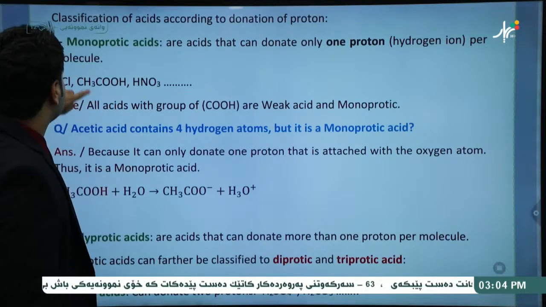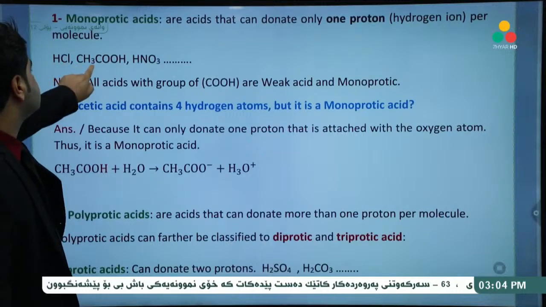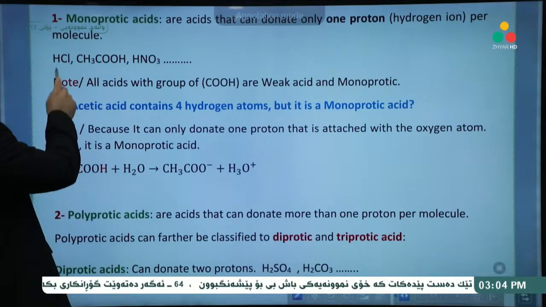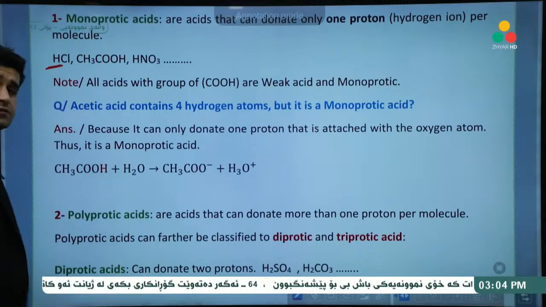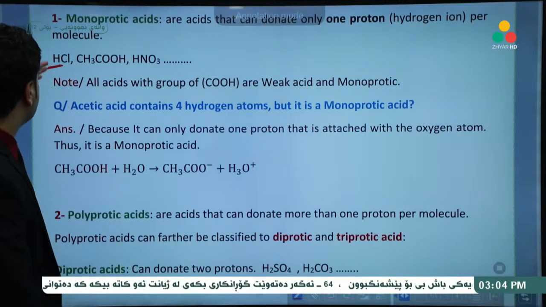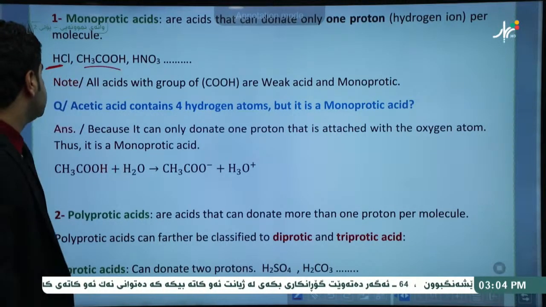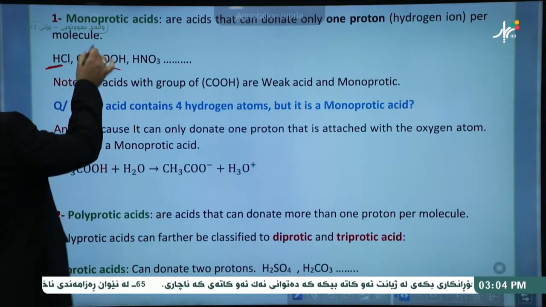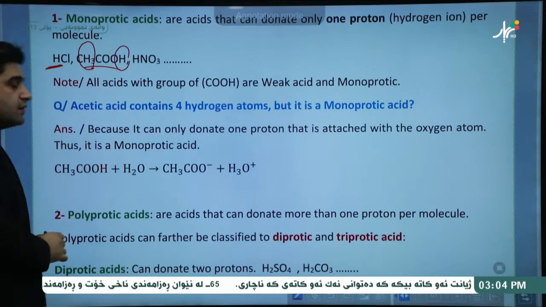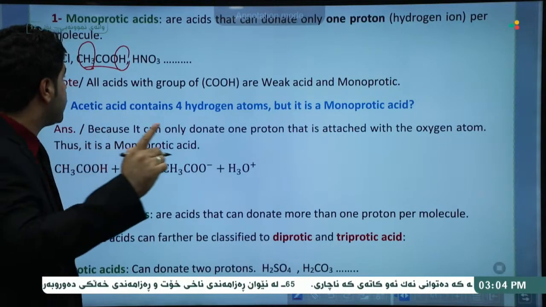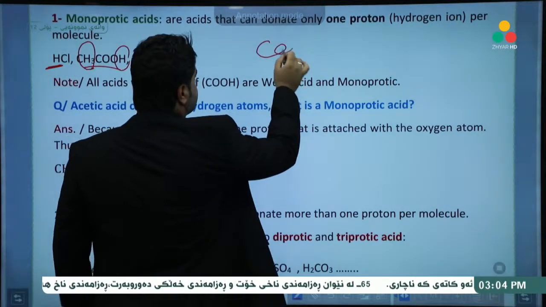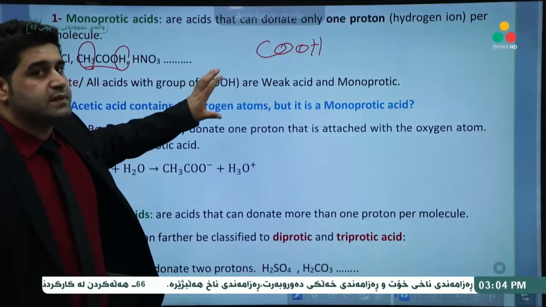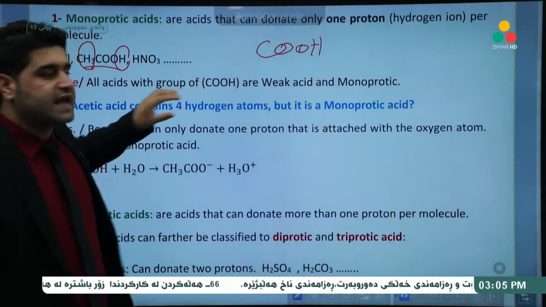Examples of the monoprotic acids are HCl and CH3COOH. Oh, teacher, okay, it's very simple. HCl has one hydrogen atom, so we know that it's a monoprotic acid. But what about CH3COOH? It has four hydrogens: 3 here and 1 here. But look, dear students, any acid that contains this carboxylic acid group will be classified as a monoprotic acid.